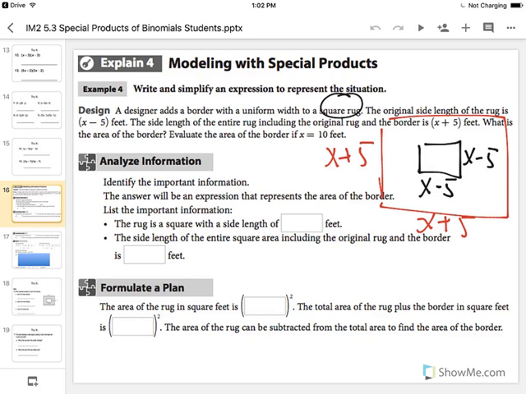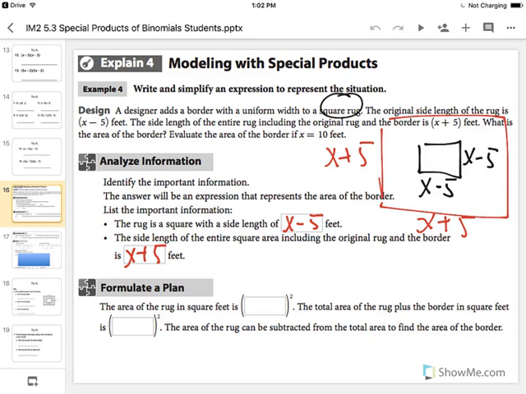Okay, so let's go through it and analyze the information. Identify the important information. The answer will be an expression that represents the area of the border. List the information. The rug is a square with a side length of x minus 5, and the side length of the entire rug, including the original rug and the border, is x plus 5.